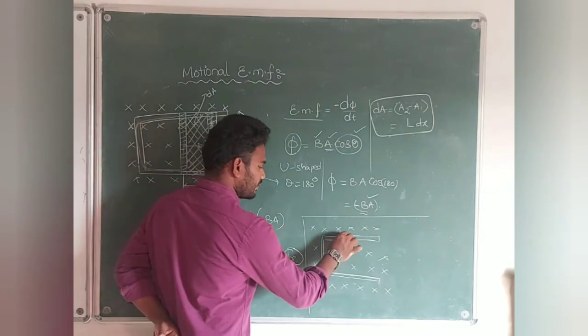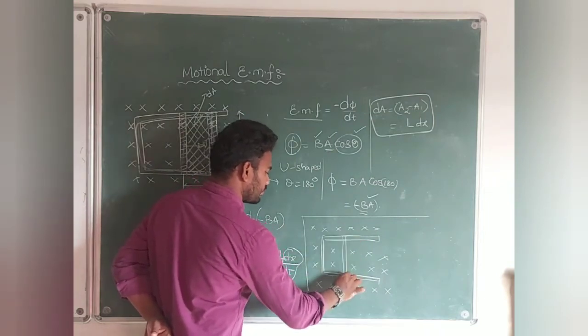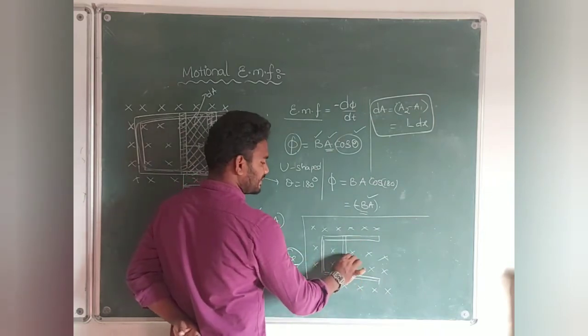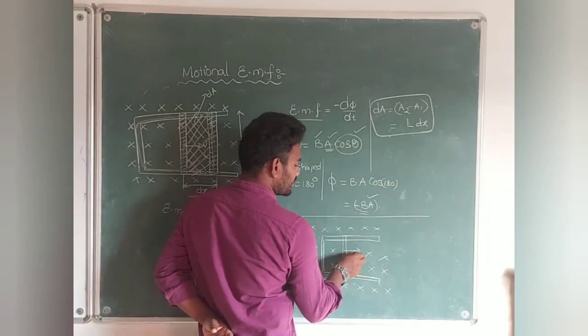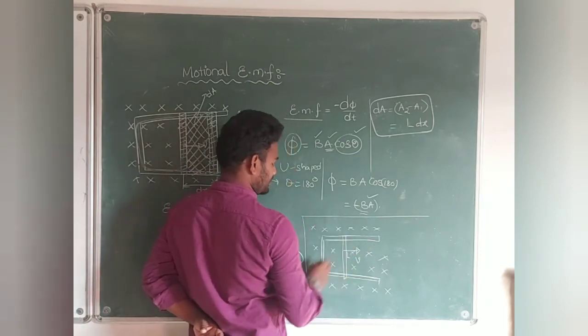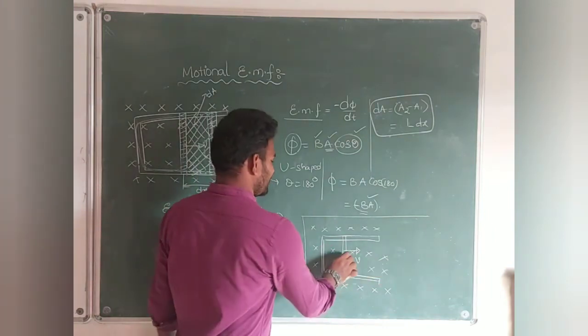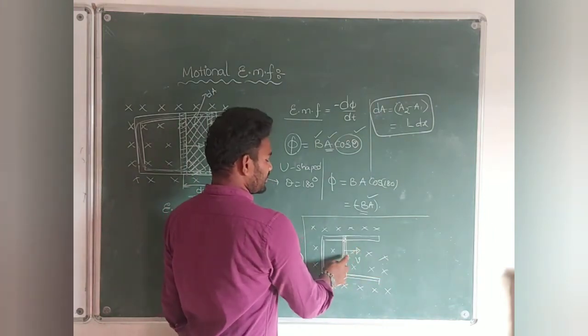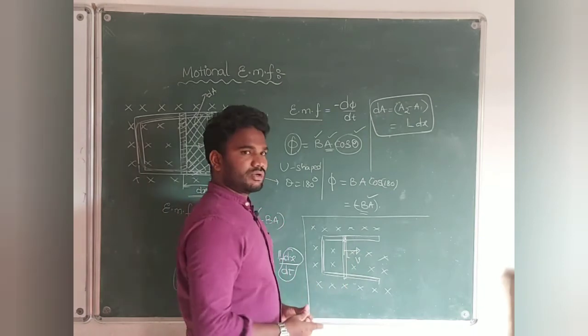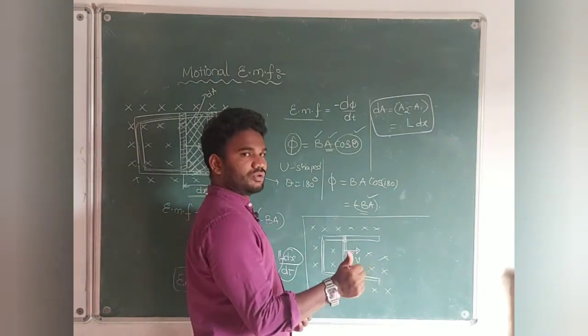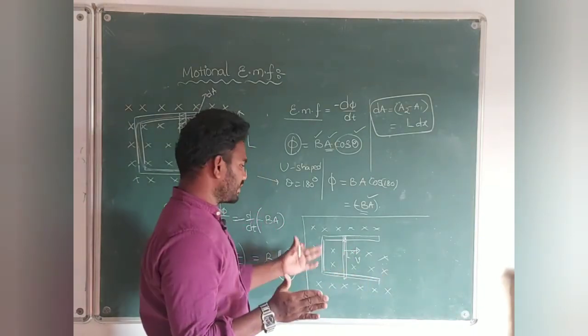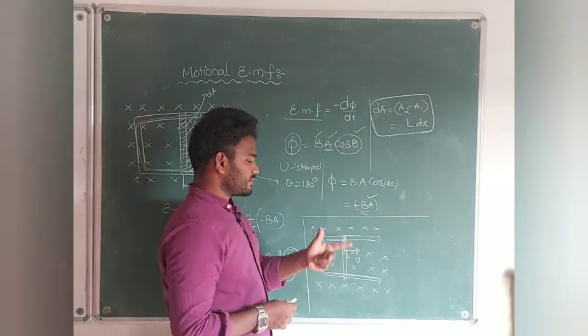Now let me consider one conductor which has length L. It is moving outside with velocity V. Students, you should understand V velocity is this side, L is upside. Then the magnetic field is inside. You have to take the right hand thumb rule or the cross product rule, or here Fleming's left hand rule.